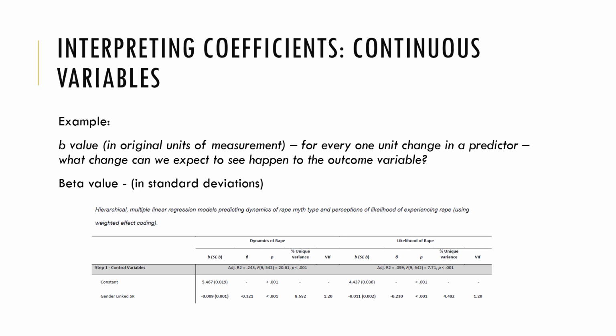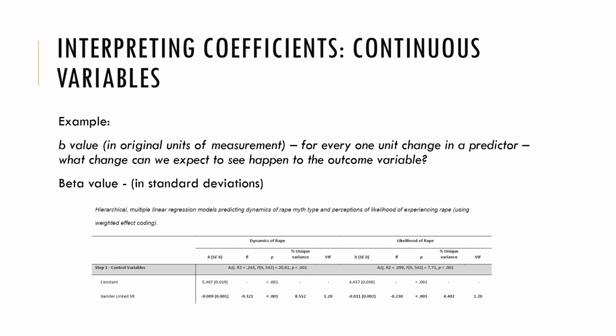So I would expect to see, for every unit increase on the scale on gender-linked social roles, so every point they go up on that scale, their rejection of the dynamics of rape myths go down by 0.009 of a score. That was a subscale of a questionnaire that was measured using a mean score. So I'd expect to see their mean score go down by 0.009 of a point.